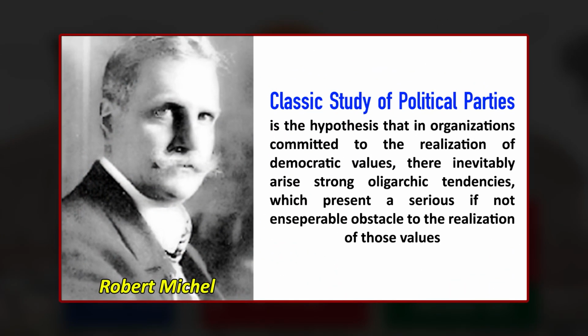Furthermore, Robert Michels' starting point in his classical study of political parties is the hypothesis that in an organization committed to the realization of democratic values, there inevitably arise strong oligarchic tendencies, which present a serious, if not insuperable, obstacle to the realization of those values.